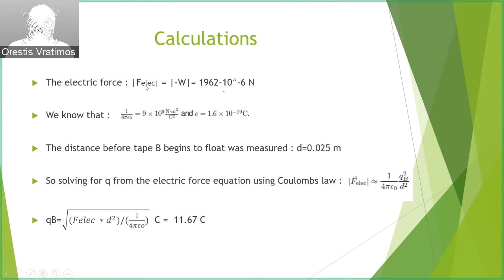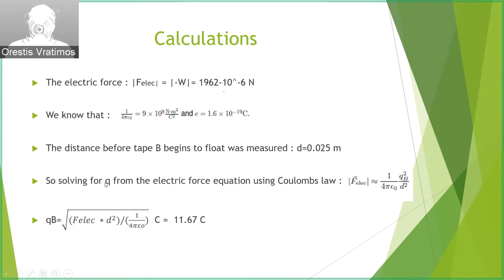The electric force, of course, has the same magnitude as the gravitational force but the opposite direction. And we know the constants, the electrical force, and the 1 over 4 pi epsilon naught. And the distance we measured before tape B begins to float was 0.025 meters.